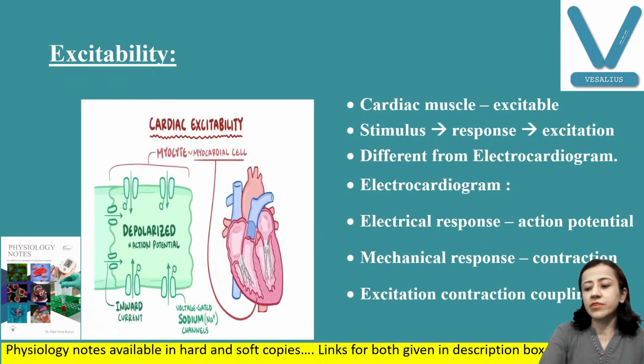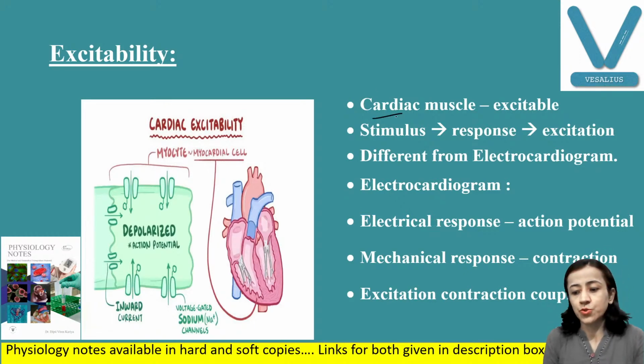Now starting with the first one, excitability. Any tissue, either muscle or nerve, is excitable. In the same way, cardiac muscle is also an excitable tissue. Whenever any stimulus is given, cardiac muscle responds by excitation. This excitability property is different from the electrocardiogram. Why?